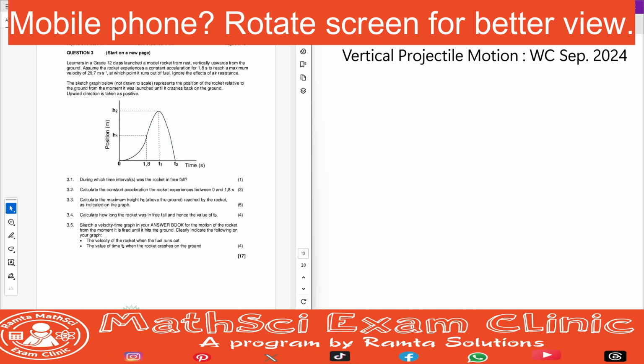Hello, guys. In today's grade 12 physical sciences vertical projectile motion exam clinic, we are looking at a question paper from the Western Cape. This is their physical sciences paper 1 of September 2024.